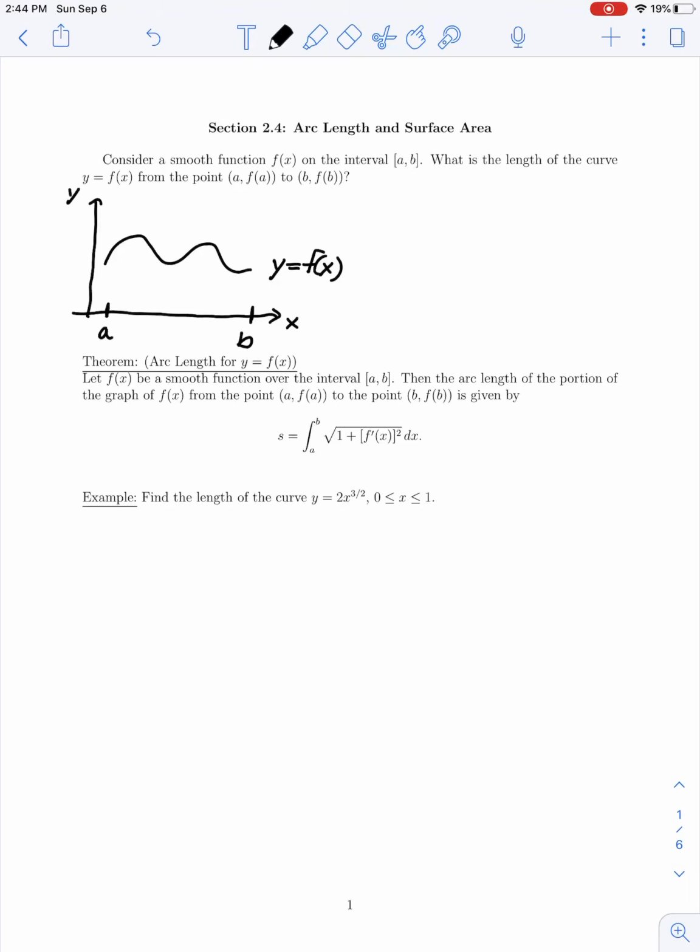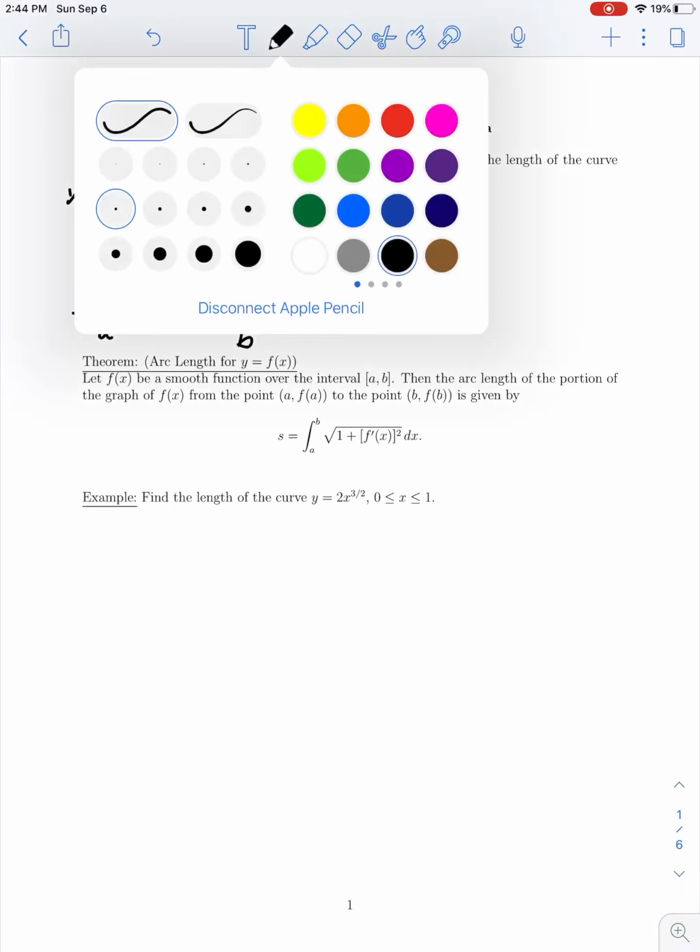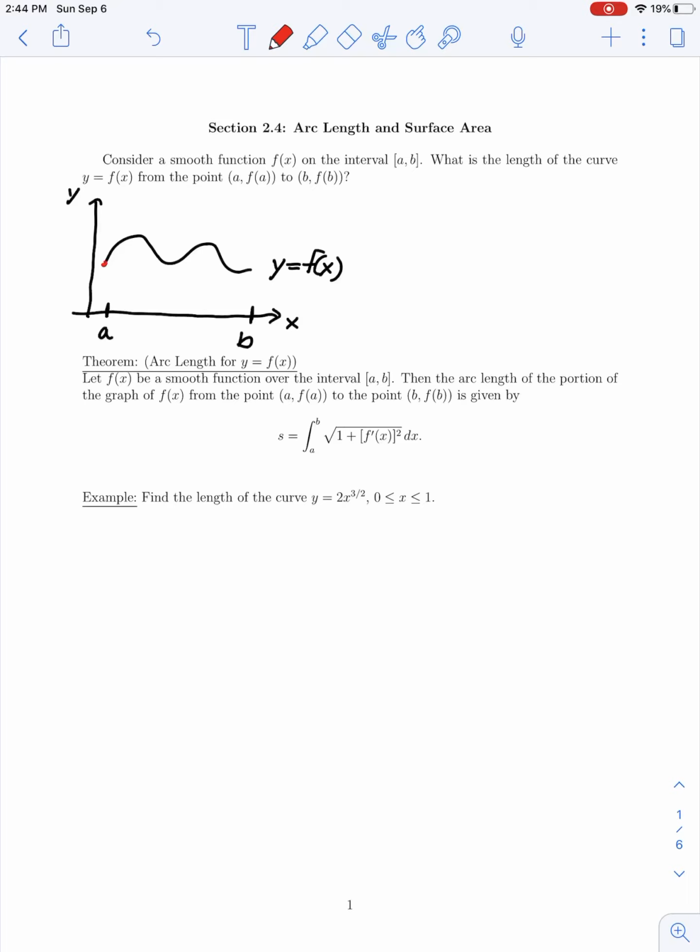When x is equal to a, this left end point of my curve would be the point where x is a, and then y, which is given by f of x, would be f of a. And this right-hand endpoint of my curve, when x is equal to b, would be the point where x is b, and y, which is f of x, would be f of b.